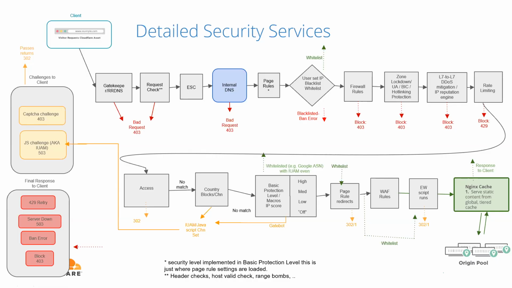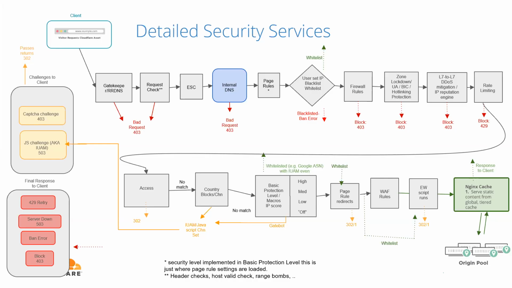And then internal DNS, it will check. After that, it will activate page rules. So if you remember in the last session, in the ACE session, page rules is a feature to customize behavior for a certain URL.